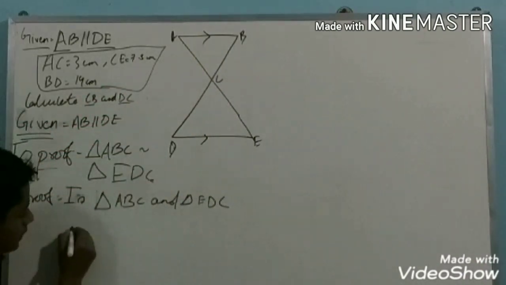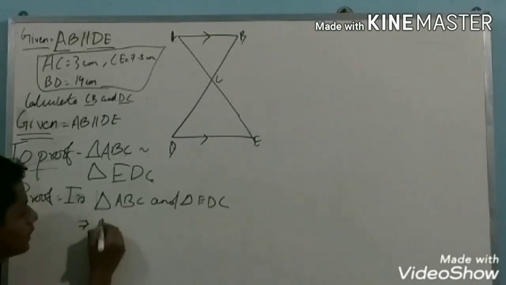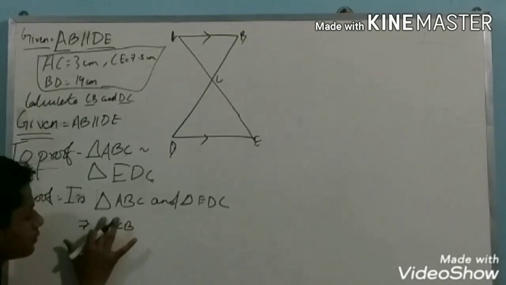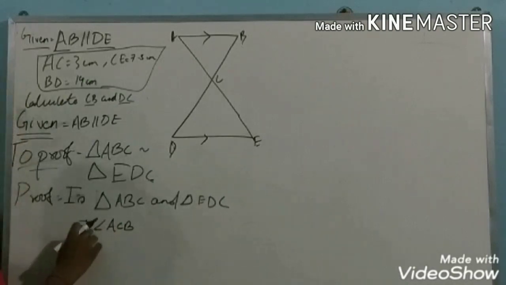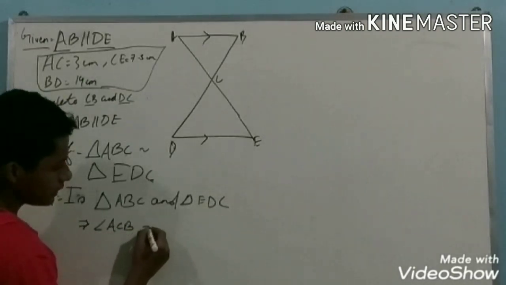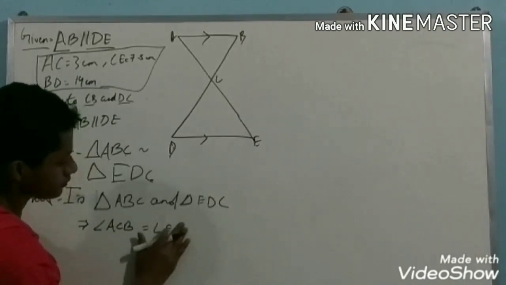So the first similarity between the angles: angle ACB is equal to angle ECD.